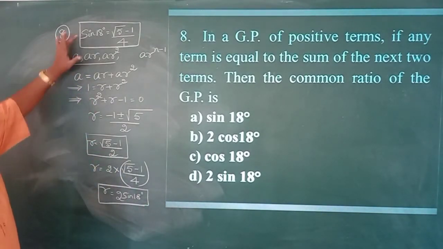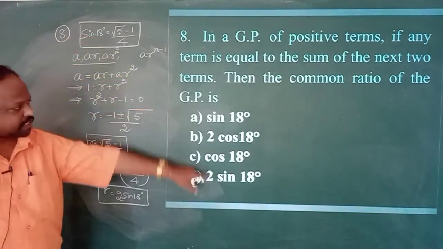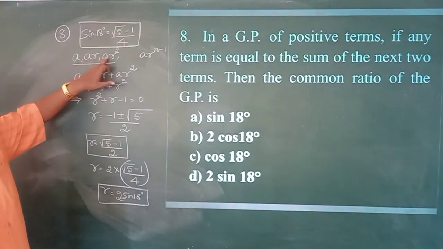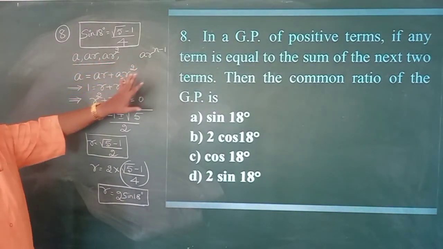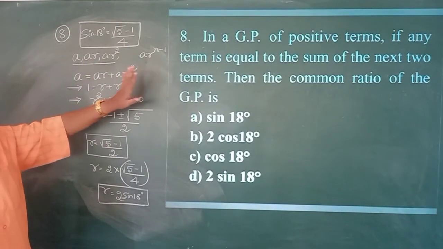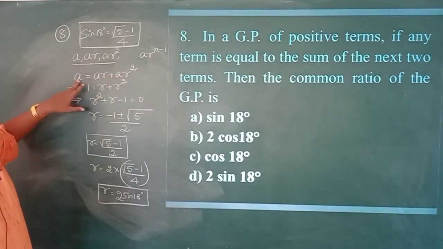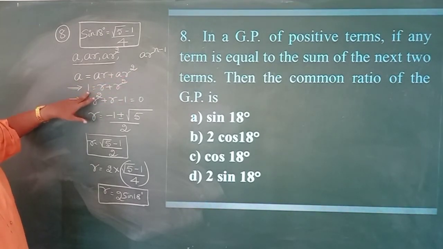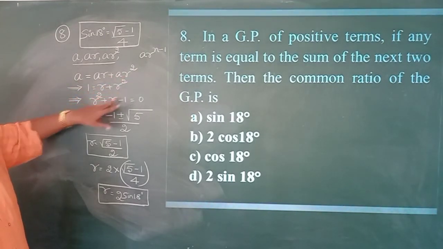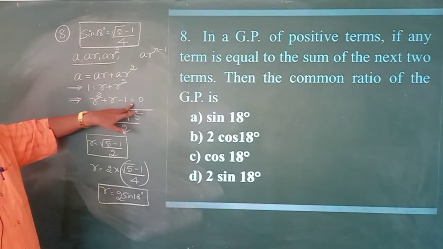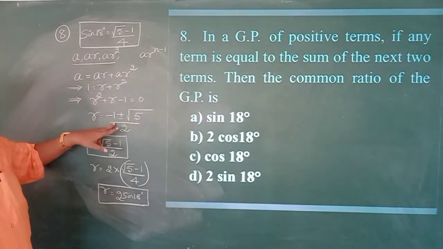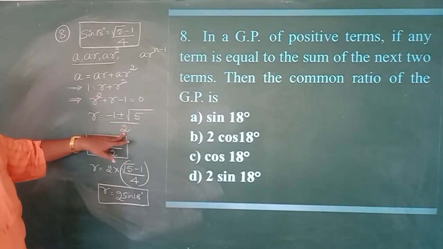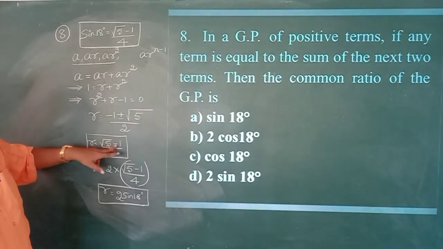I will repeat once again: since they have given 18 degree, in a GP, any term is equal to the sum of the next two, divided by a: 1 is equal to r plus r square, that is r square plus r minus 1 is equal to 0. r is equal to root 5 minus 1 by 2.